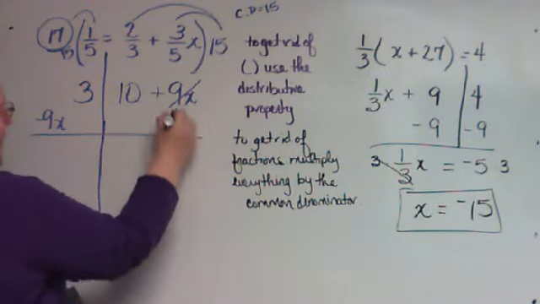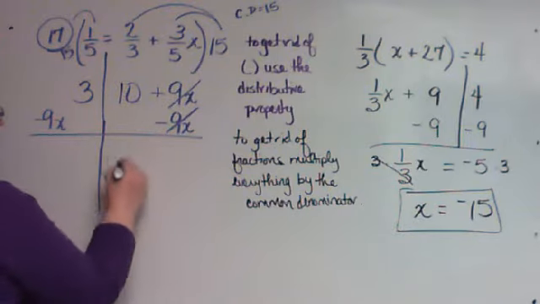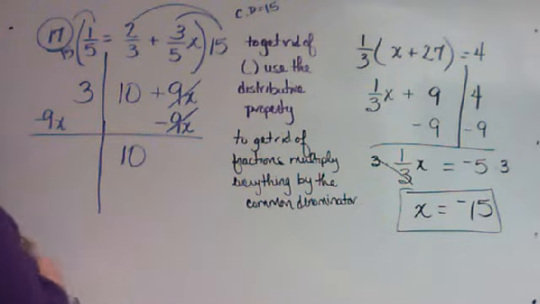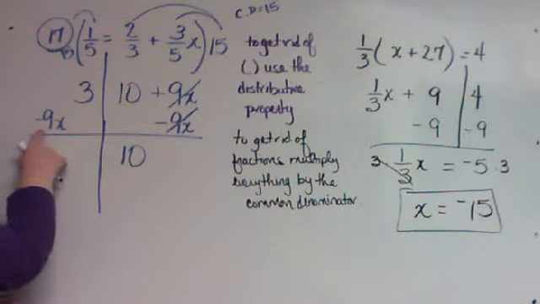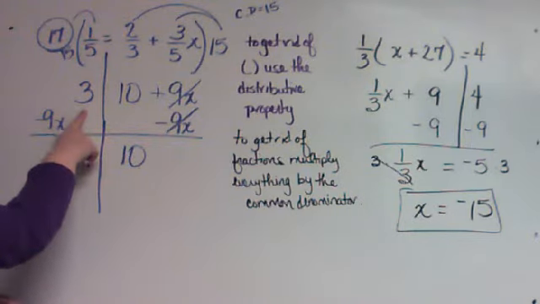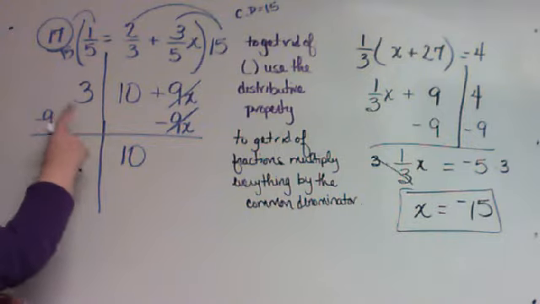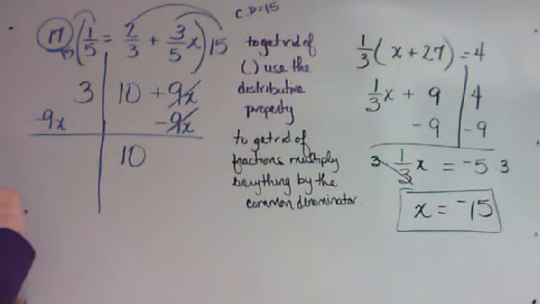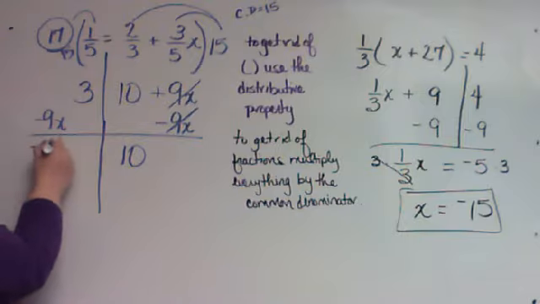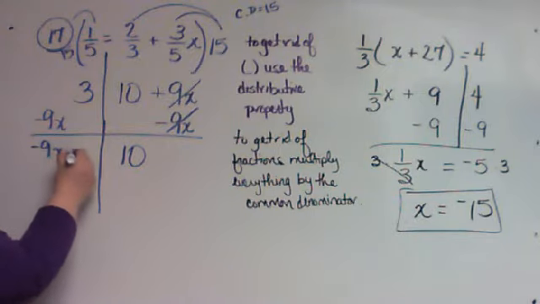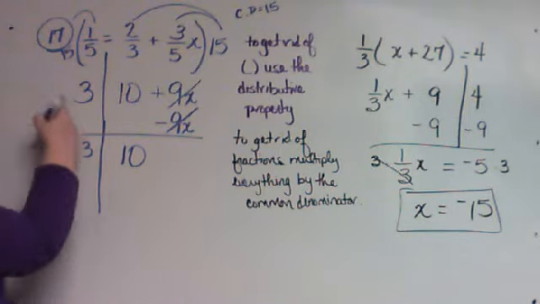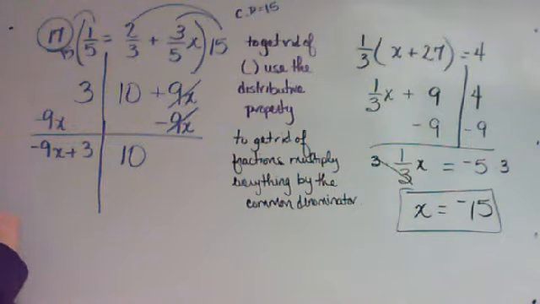When I have 9 apples and I take away 9 apples, there are no more apples. So all I have left is 10. Over here, you can't take away 9 apples from $3. It doesn't work that way. Apples and dollars aren't the same thing. So I just have to write my minus 9x plus 3 because it's positive 3, so it's plus 3.